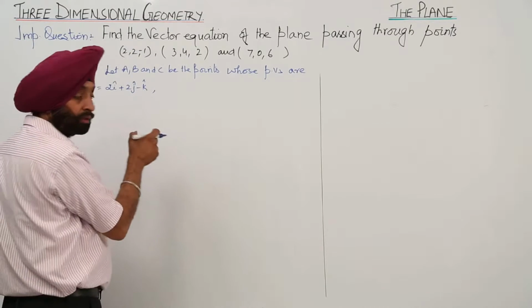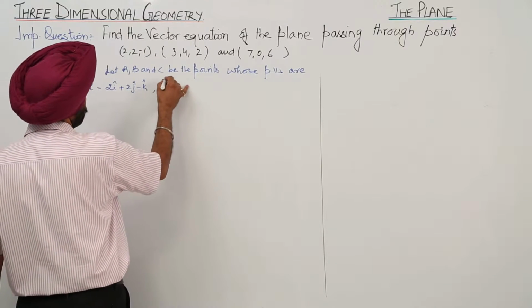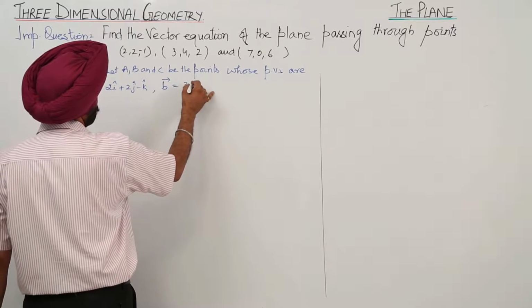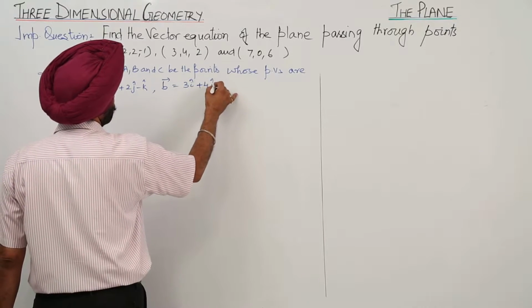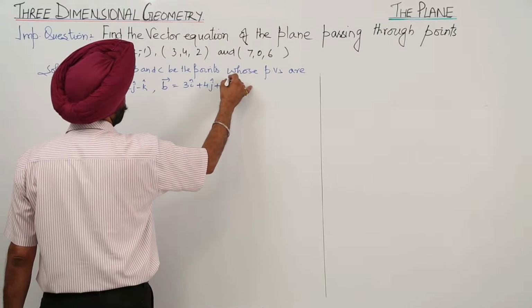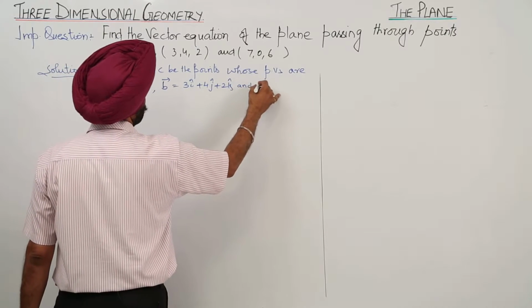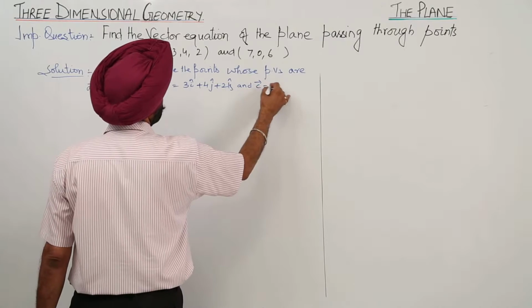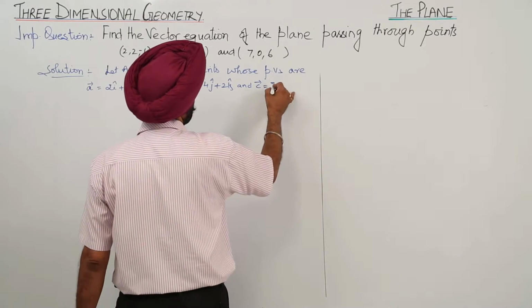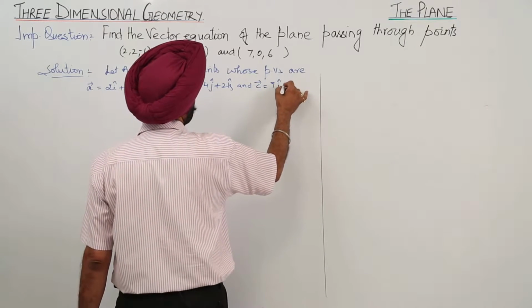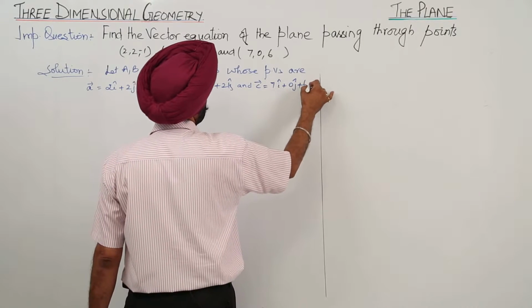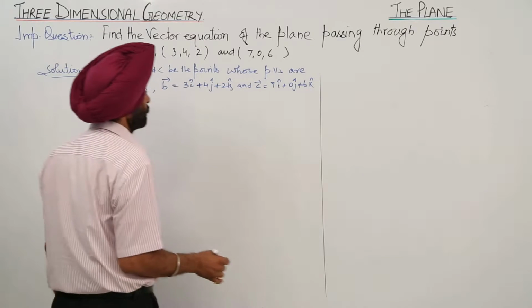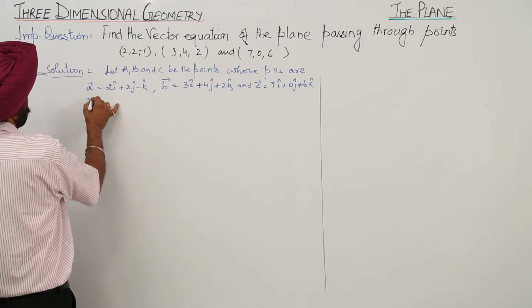This part, vector B is 3i cap plus 4j cap plus 2k cap, and vector C is equal to 7i cap plus 0j cap plus 6k cap respectively.